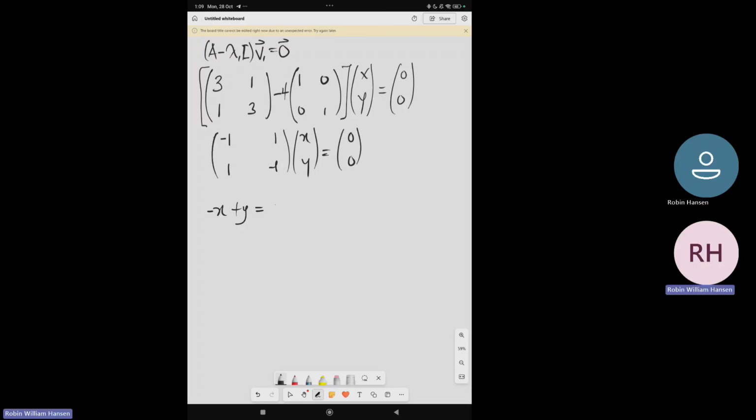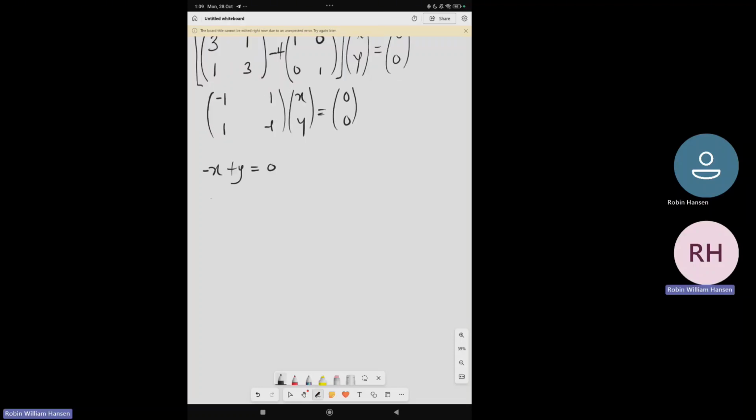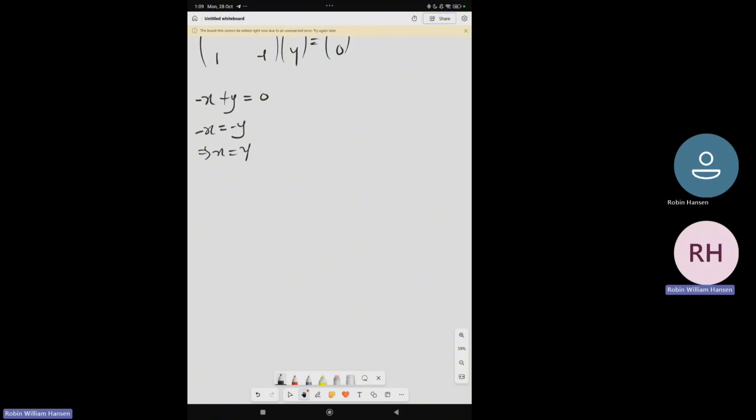So we have minus x is equal to minus y, multiply that, x is equal to y. Now, if x is equal to y, we divide y by x, so y divided by x, you have 1 over 1. So if y is equal to 1, x will be equal to 1. So our first vector, which is v1, we have 1, 1.